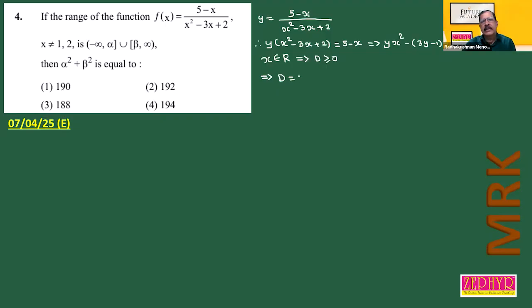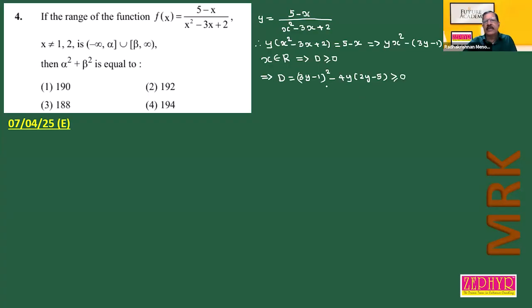B squared, that is (3y minus 1) the whole squared, minus 4ac, 4y into (2y minus 5), greater than or equal to 0. If you solve this inequality, then you will be able to find the values of y satisfying this inequality, that is the range.